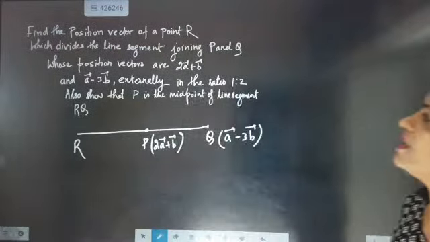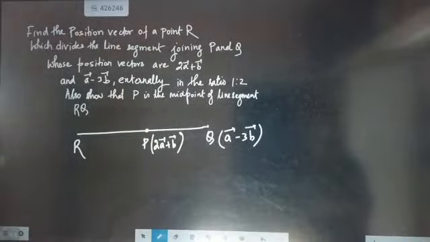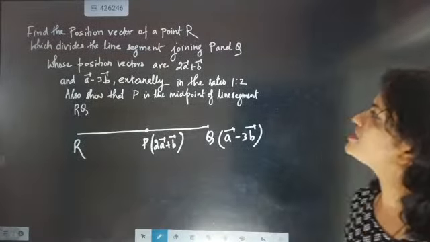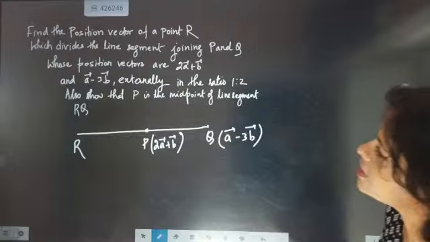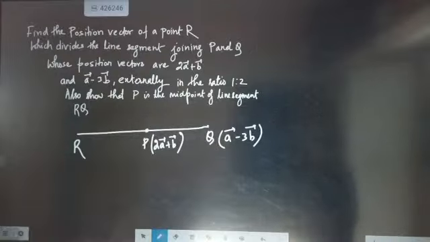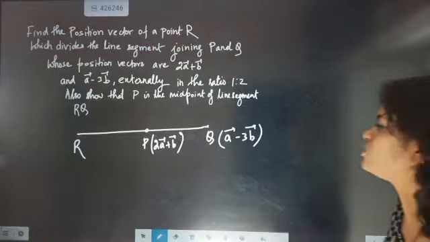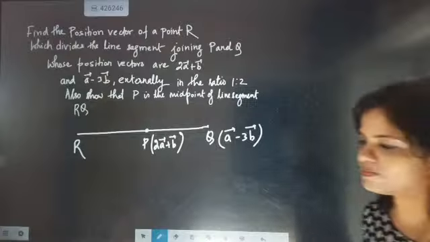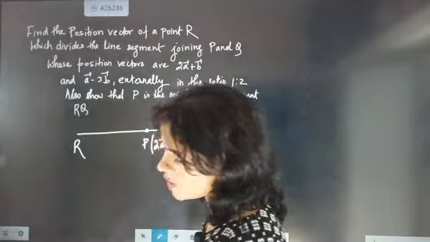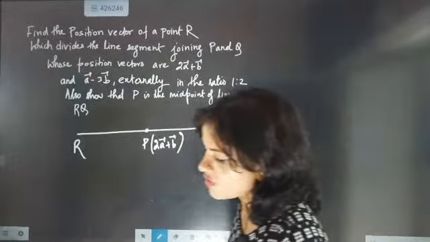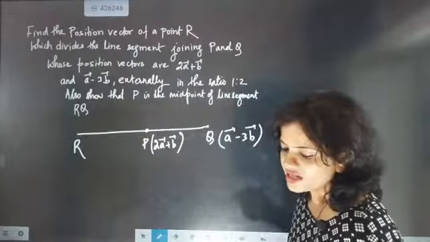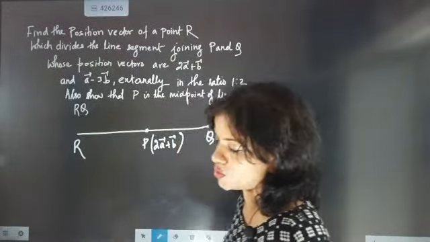So this is what they're telling, that find the position vector of a point R which divides the line segment joining P and Q externally in the ratio 1:2. So this R is dividing P and Q in the ratio 1:2.